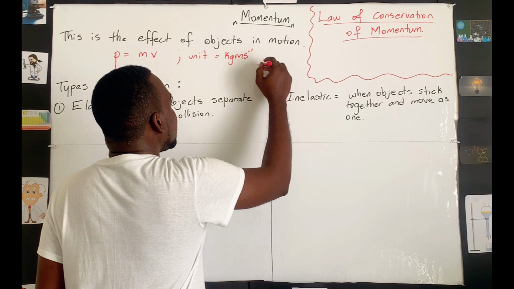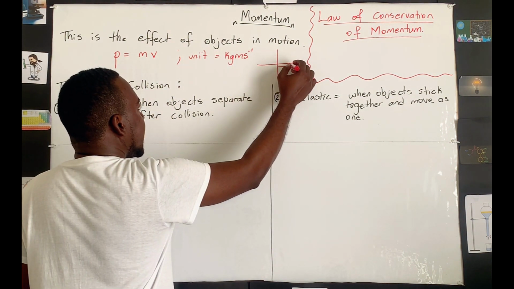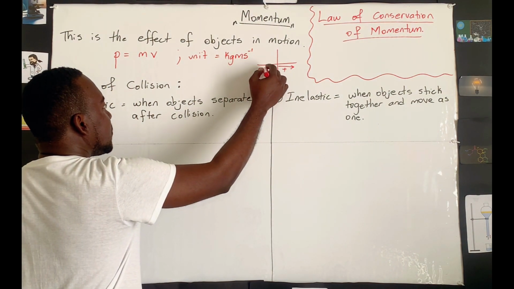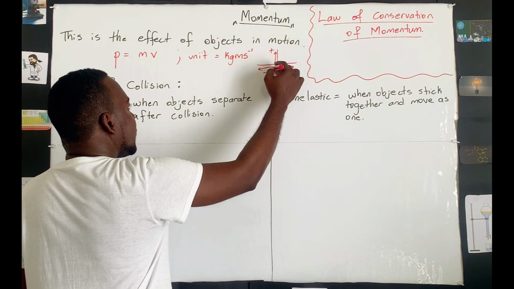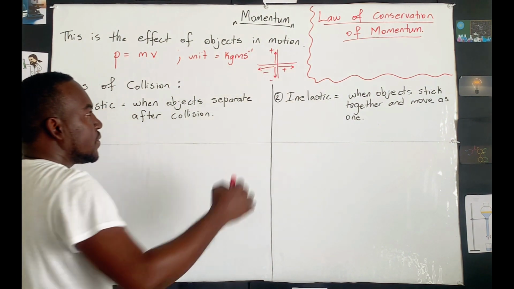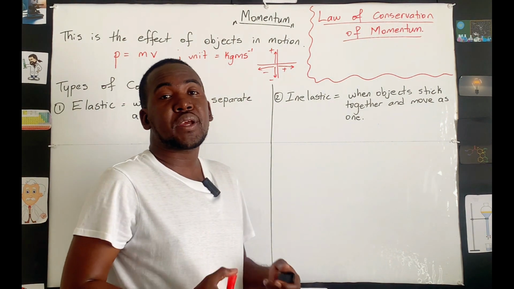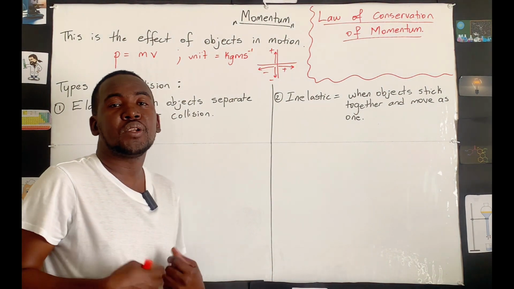Because if we need to know the direction, we use a t-graph: everything that goes to the right would be a positive direction. Everything that goes to the left will have a negative direction. If it's going up, positive, and if it's going down, negative. So we use that principle always to know what direction our velocity has, which in turn means what direction our momentum has.